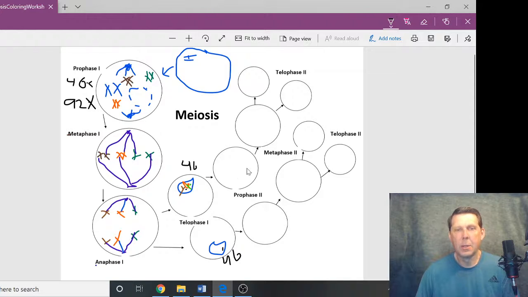Okay, prophase. Think about prophase here. All right, well, those nuclei start to break down again. Spindle fibers reform, along with the centrioles. Let's see, we need some spindle fibers up here.